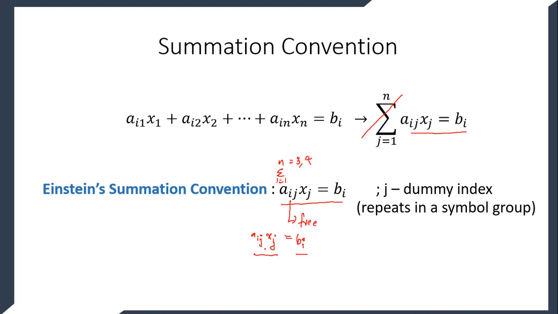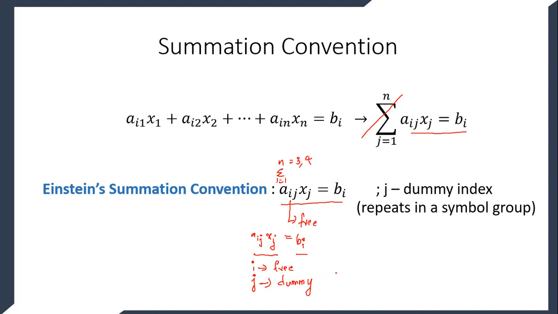If some index is repeated in a symbol group, then that index is called a dummy index. Here you can see that i is not repeated, so i is a free index, whereas j is repeated, therefore j is a dummy index.